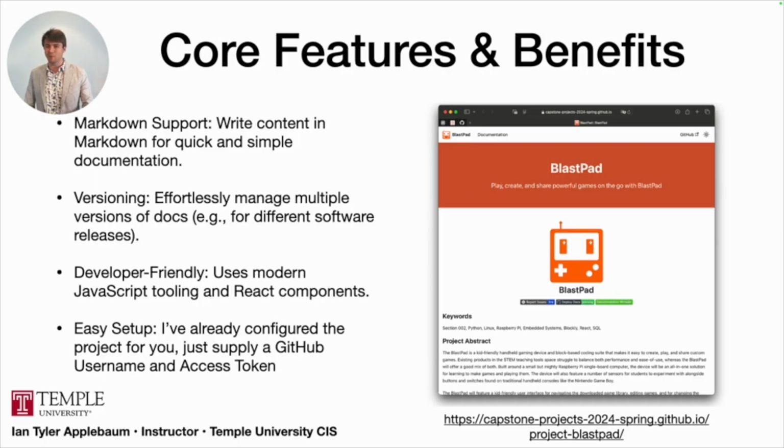Another benefit, which you might not get to in this course, but it is useful: let's say you work on version 1 of your application and then version 2 has different documentation than version 1. You can just type in the command to create another version of the documentation, and it'll give you a drop-down menu so that users of both libraries can check what the differences are between the 1.0 version and the 2.0 version.